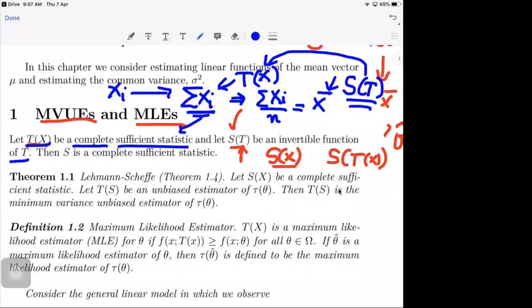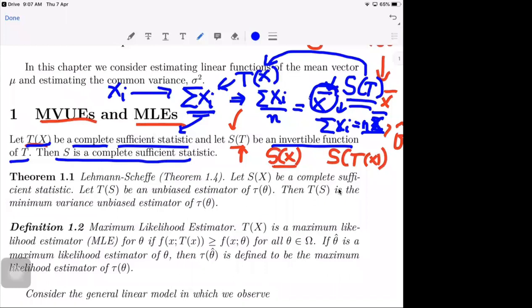For example, you can retrieve the summation of x from your x bar by pre-multiplying it by n. So it means that it is an invertible function of T. Then S is also a complete sufficient statistic.